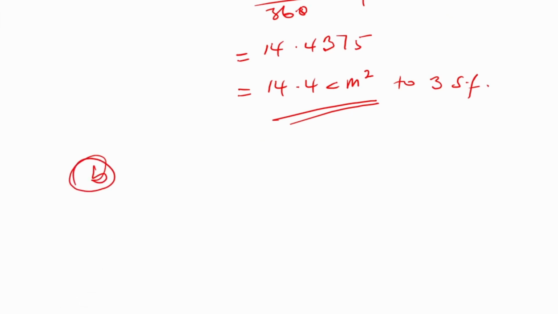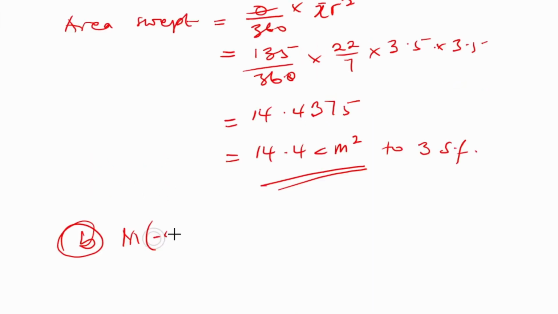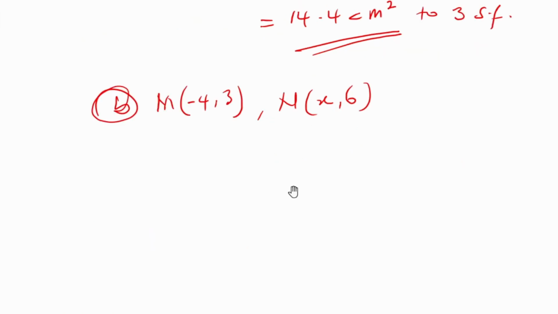Let's try listing our points. M has coordinates (-4, 3), and then N has coordinates (x, 6). Using the distance formula, and because you are going to use the distance formula, let's call these x1, y1, and then x2, y2.